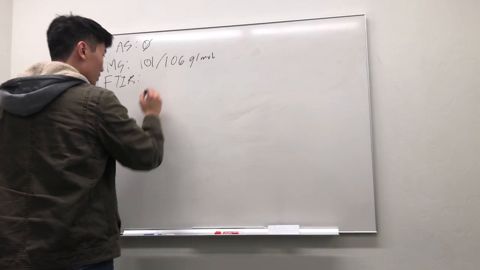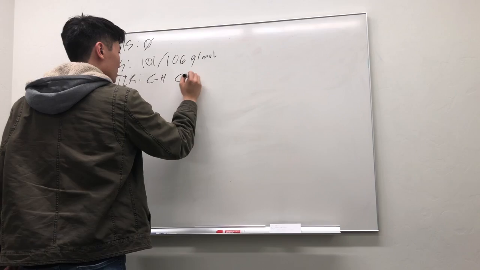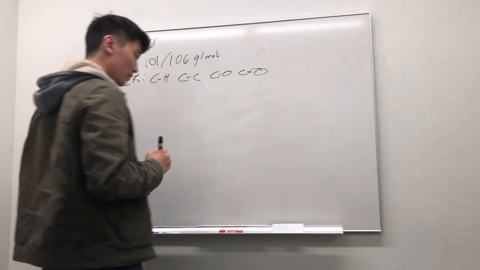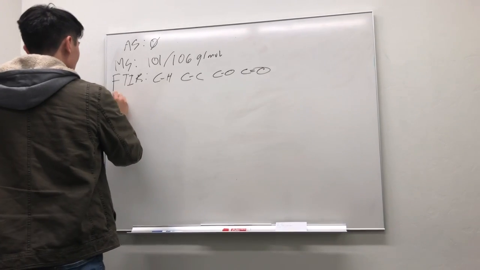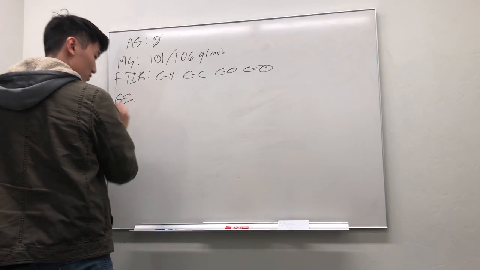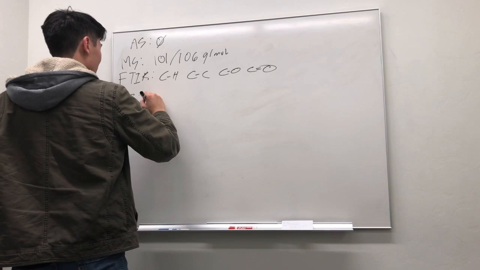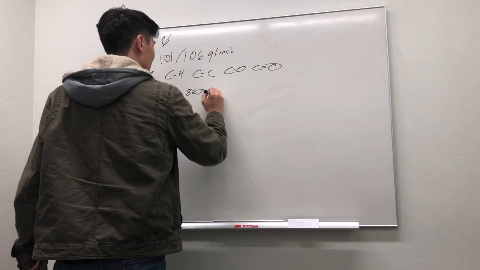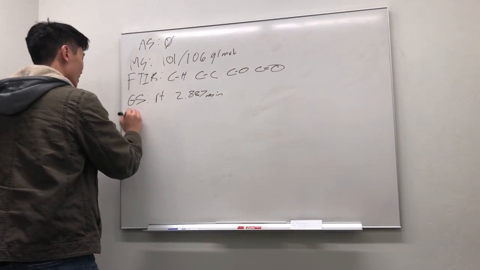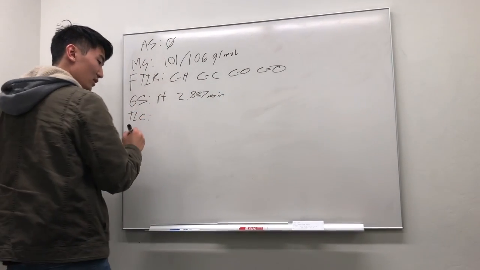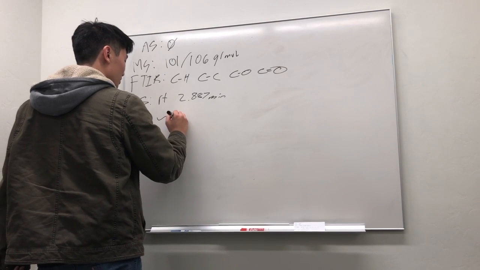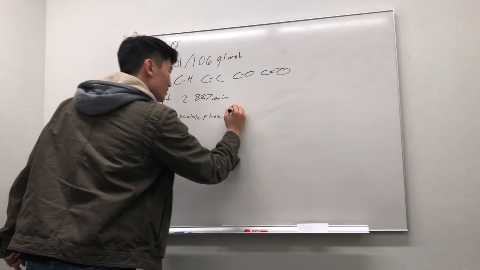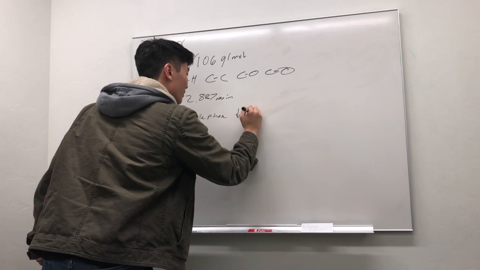These include C-H, C-C, C-O, and C double bond. After that, we had GC spectroscopy, and that showed us the retention time of the molecules was 2.887 minutes. Additionally, TLC showed us that since the molecules moved with the mobile phase, it indicates the presence of low IMFs.